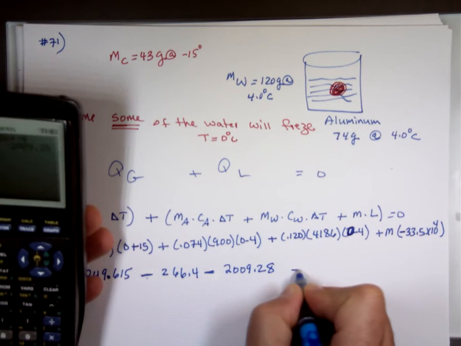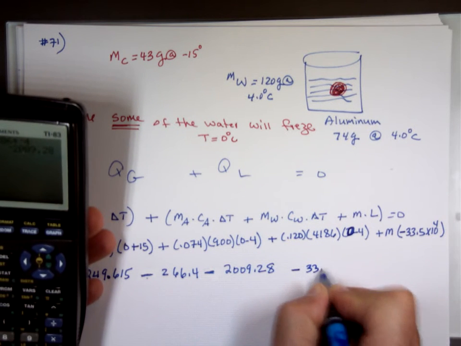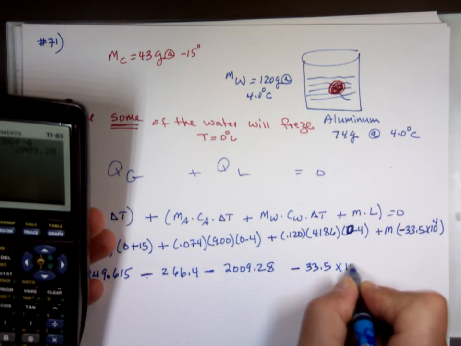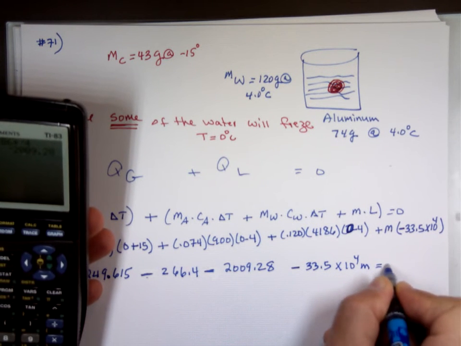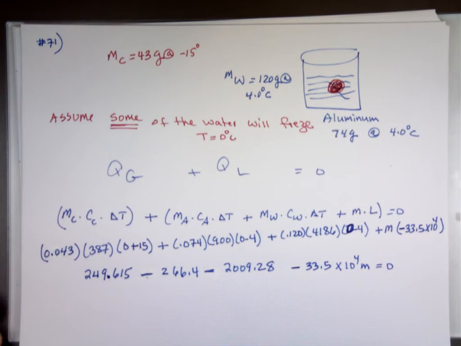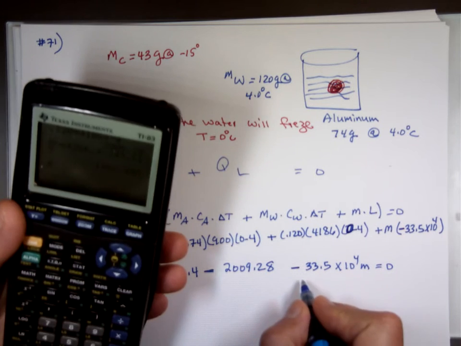Minus 33.5 times 10 to the 4 m equals 0. If we take all these numbers, add them, and move them to the right side, when you move them to the right side, they become plus.